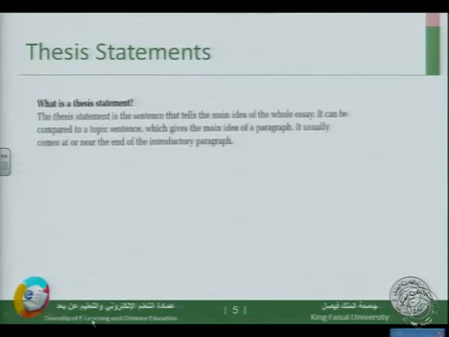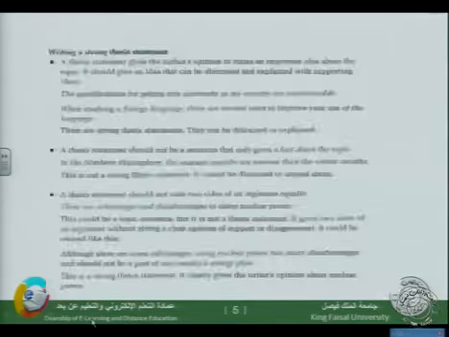It can be compared to a topic sentence, which gives the main idea of a paragraph. Notice that the thesis statement gives you the main idea of the whole essay, like a topic sentence gives you the main idea of a paragraph. It usually comes at or near the end of the introductory paragraph. This is where the thesis statement comes in its position.